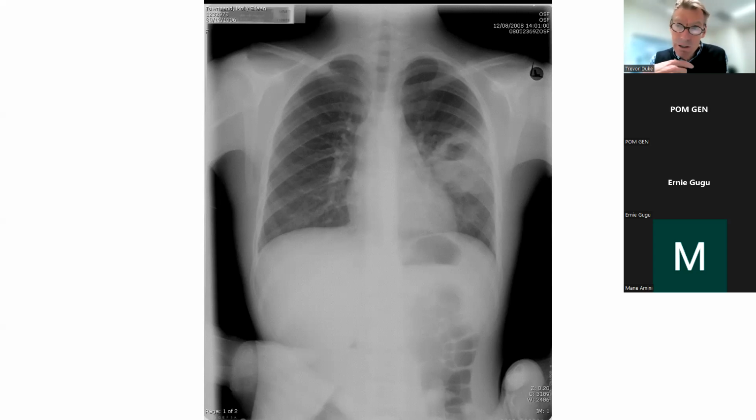Now, recently I had a child like this who was too young to cough up sputum. So I thought, well, maybe we'll look at the gastric aspirate and see what bugs are there, not because I think the bugs in the gastric aspirate necessarily are in the lungs, but if you found Staph aureus in the gastric aspirate and you found out that it was MRSA or MSSA, then you can at least target your antibiotics appropriately.